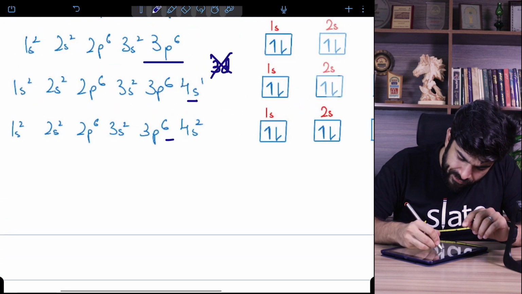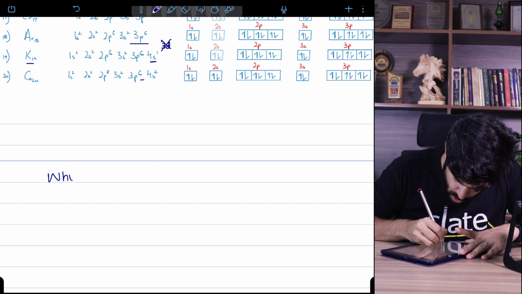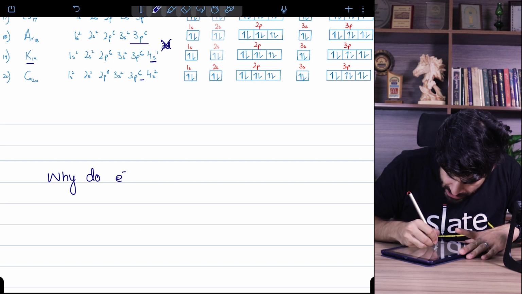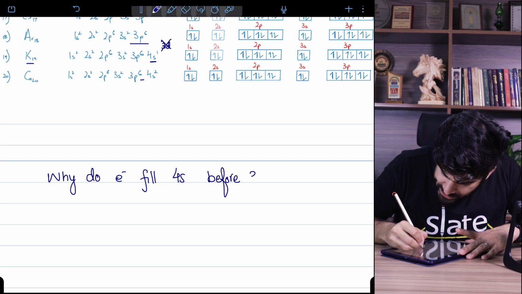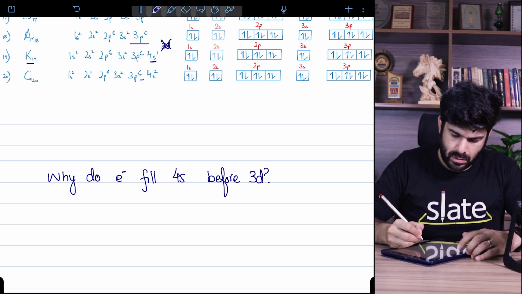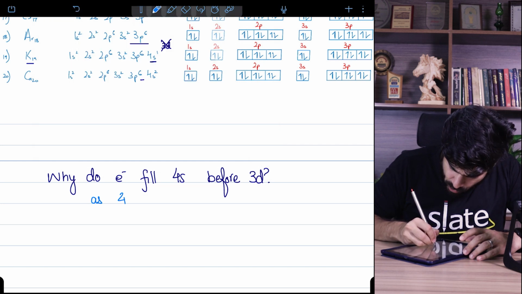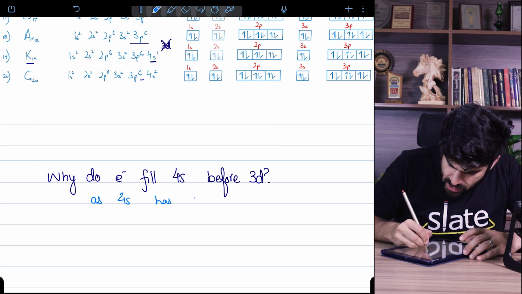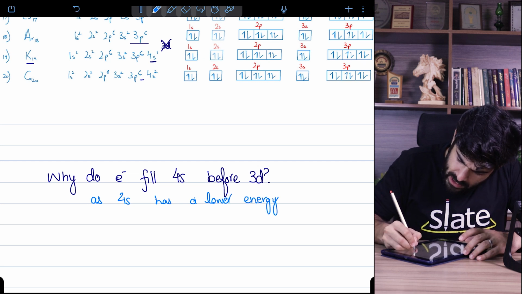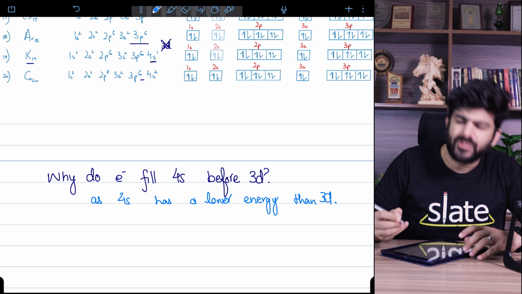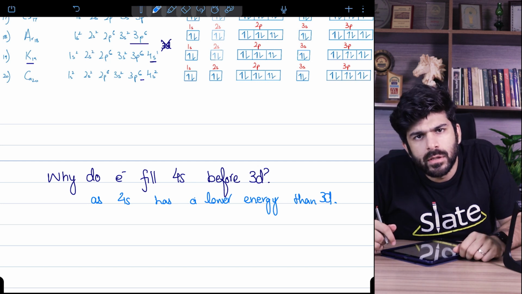So why do electrons fill 4s before 3d? It's a simple answer. You can answer it by saying that 4s has a lower energy than 3d. That's fixed.